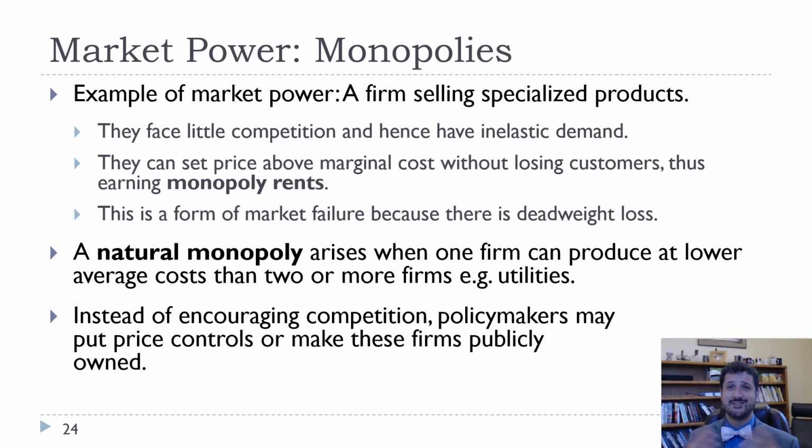If there are 10 Facebooks, then they might be much less useful than having one Facebook. And so if that's the case, then you might want to regulate Facebook or firms like it. So instead of encouraging competition with those natural monopolies, you either have to put in price controls or just make them publicly owned. And that's part of regulating a modern industrialized economy.